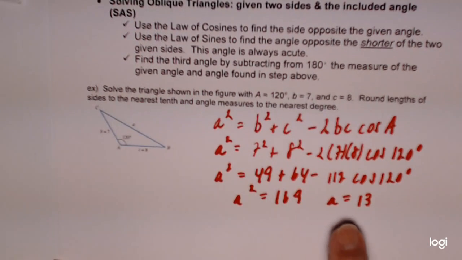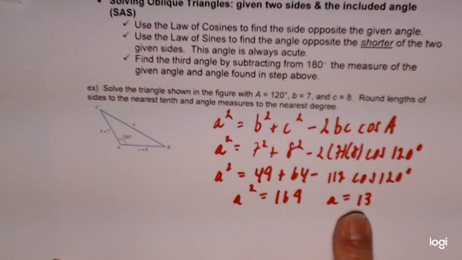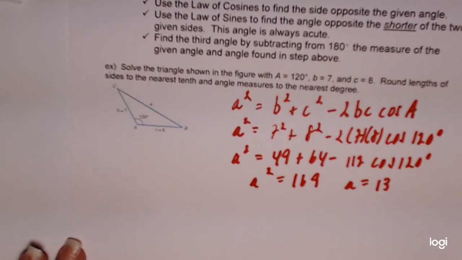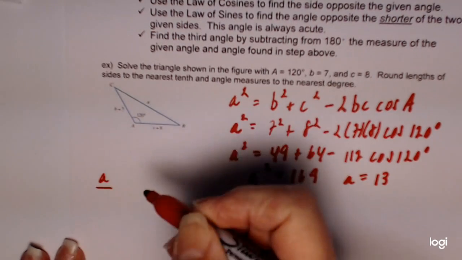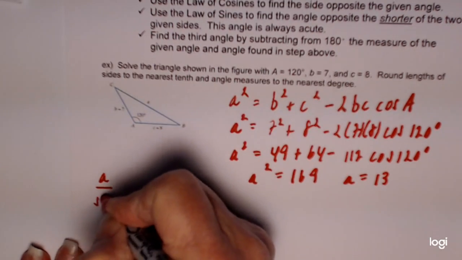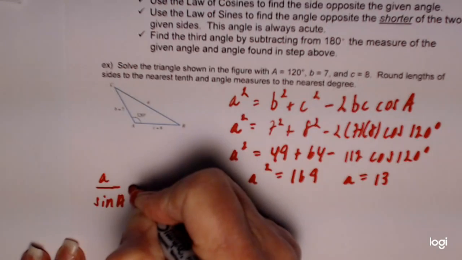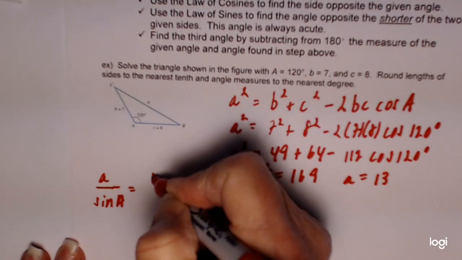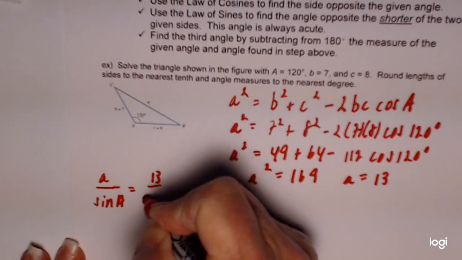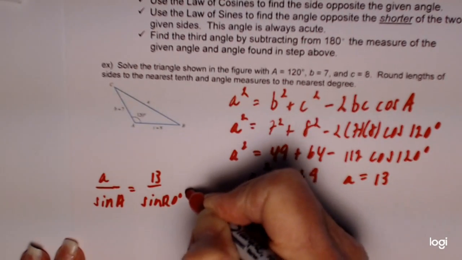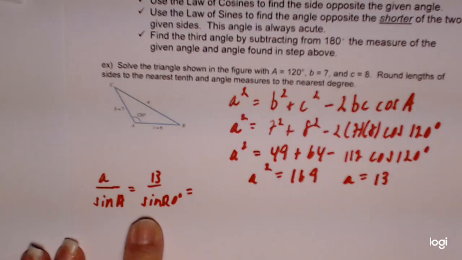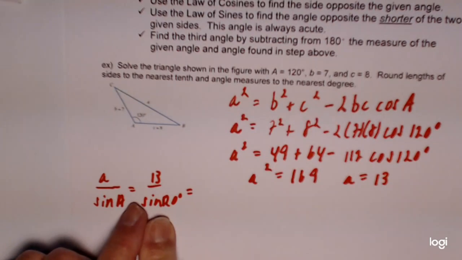Because we have solved for side A, I'm going to use my law of sines, and I'm going to use A, just to remind you about law of sines, over the sine of A. So in this case, we're going to have 13 over the sine of 120 degrees is equal to, so there's our ratio, 13 over the sine of 120.